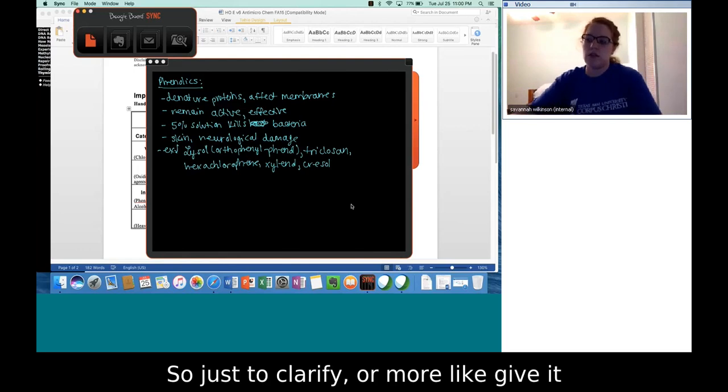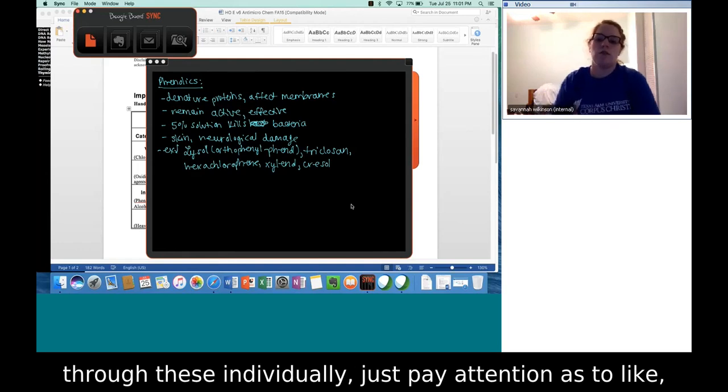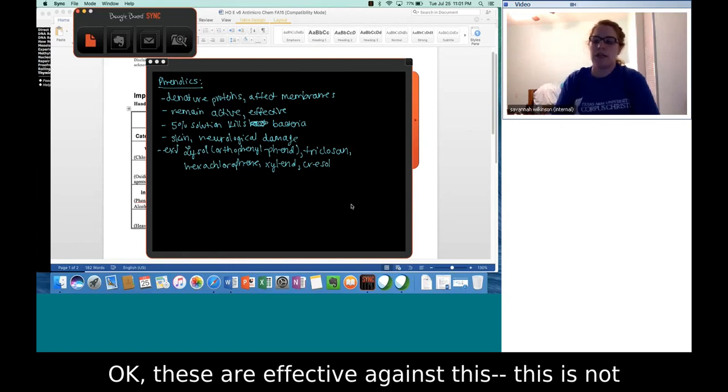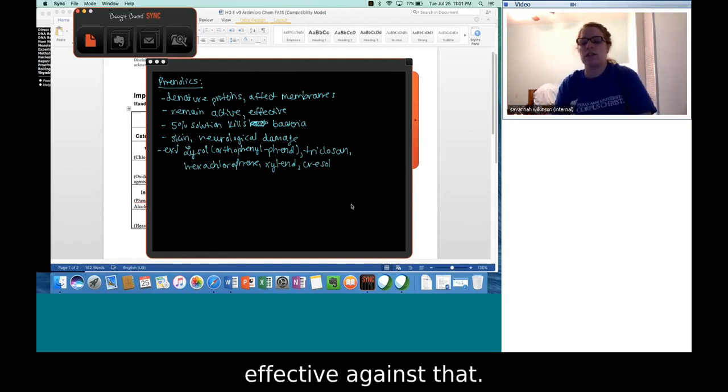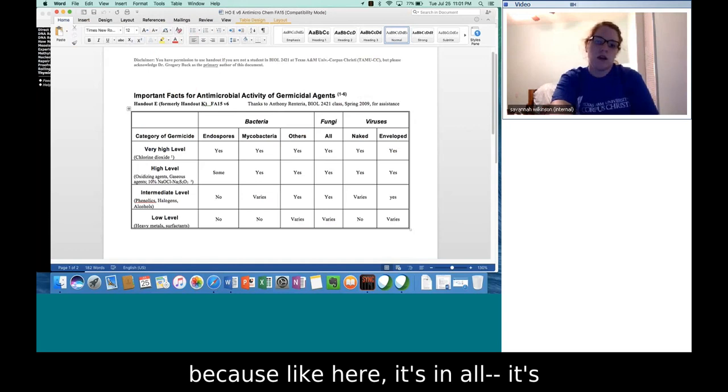So just to give advice to y'all, as I'm going through these individually, pay attention to which ones are effective against this and not effective against that. That's why this handout's important, because here phenolics is considered intermediate level.